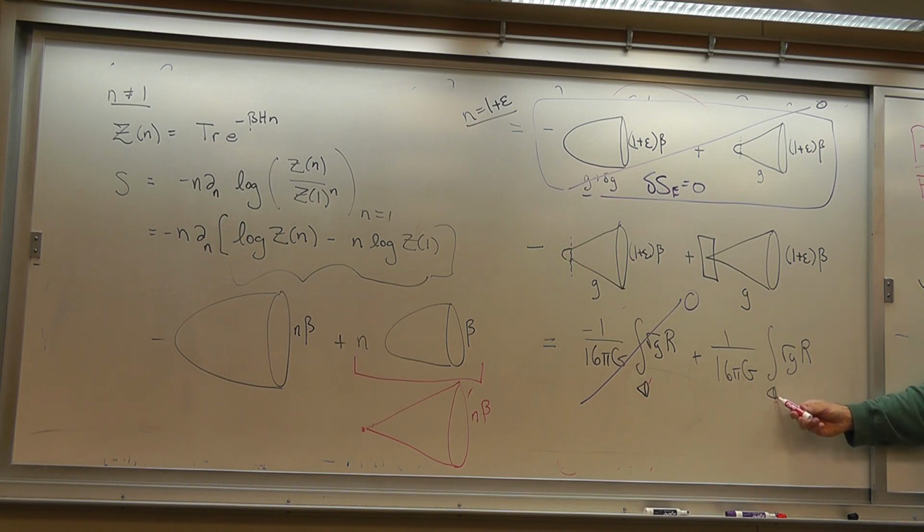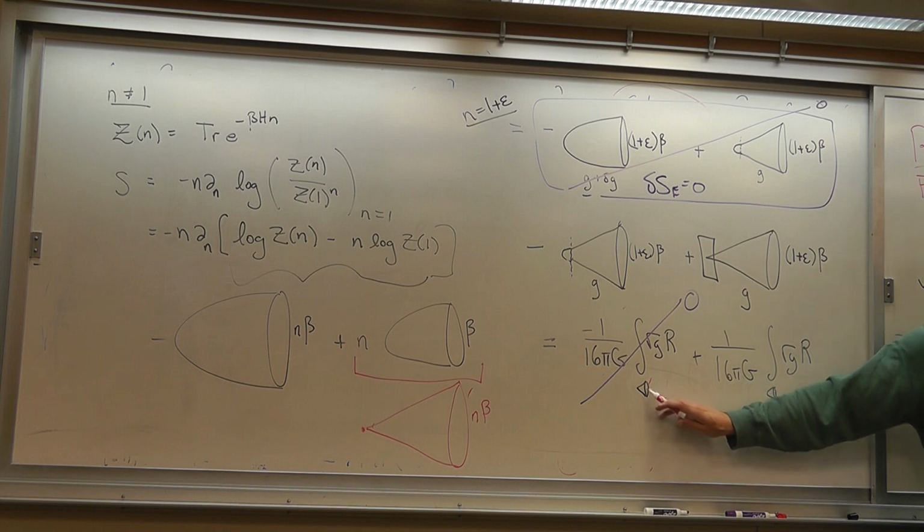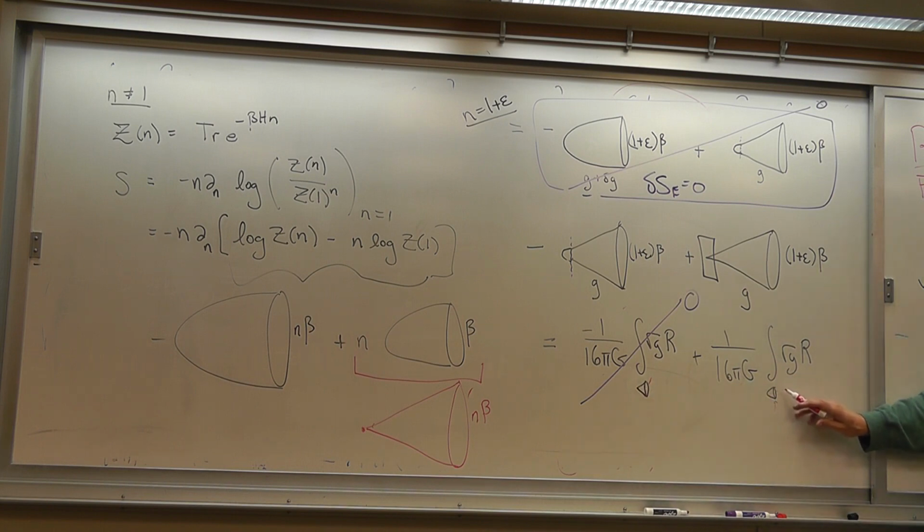But it must curve very quickly to smooth that out. In other words, in this one, we've declared that we're not including the contribution of the curvature at the tip. But in this one, we are including the curvature at the tip. So the final answer is just going to be the contribution of the curvature at the tip.